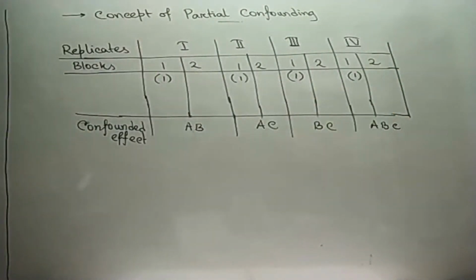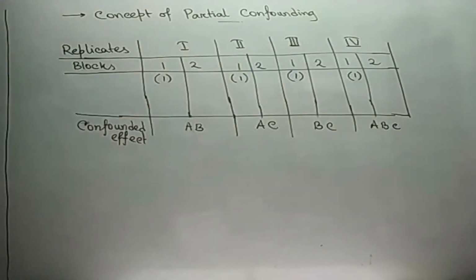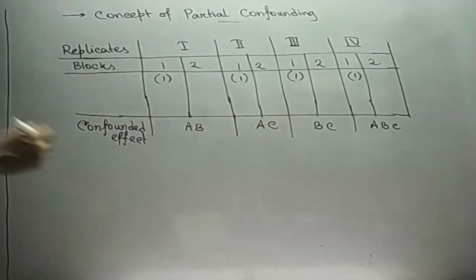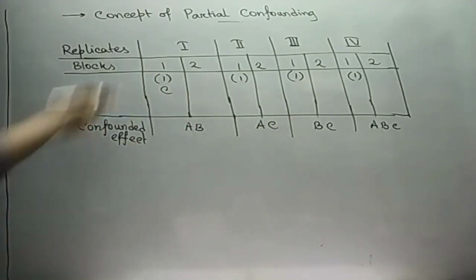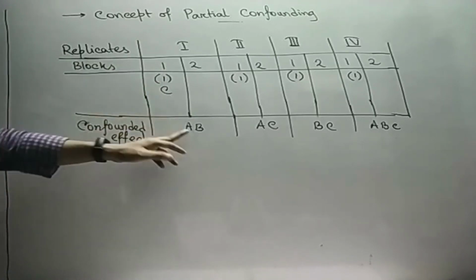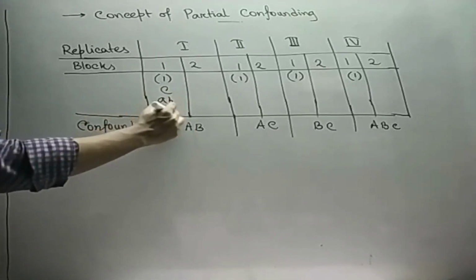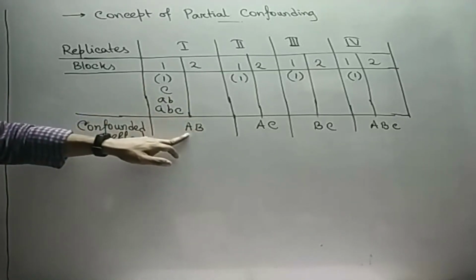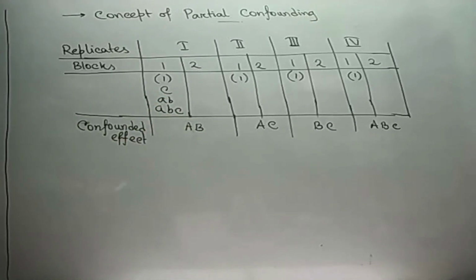Then no common member with AB: we have up to third order interaction, so C is the member which has no common letter with AB. So 1 and C are the necessary members of the key block. The other members have an even number of common letters with AB, which are AB and ABC. AB has an even number of common letters with AB, and ABC also has an even number of common letters with AB. So this is the key block.